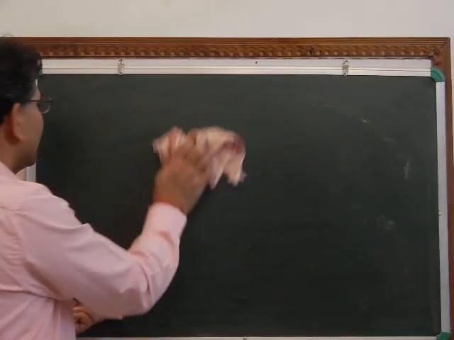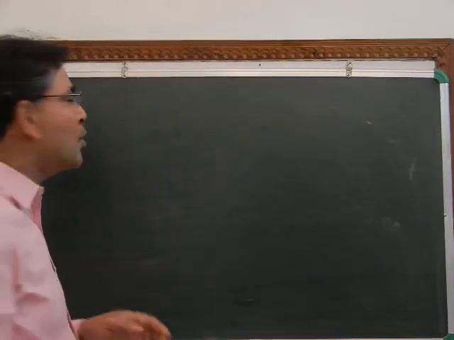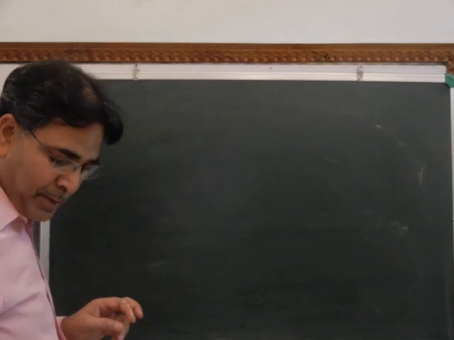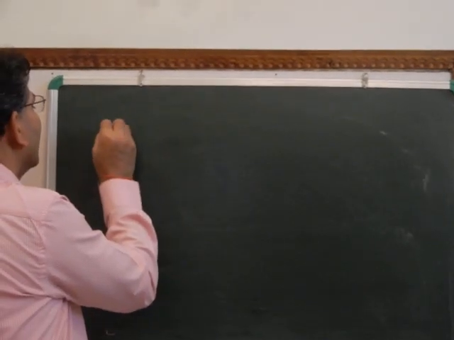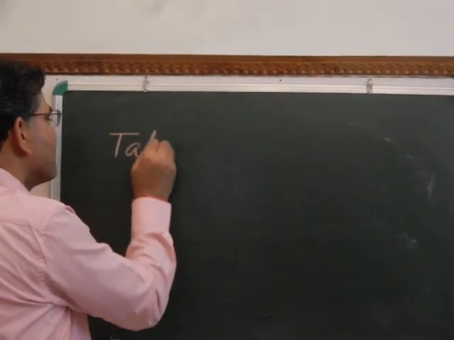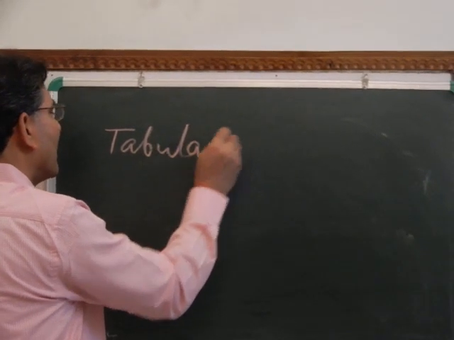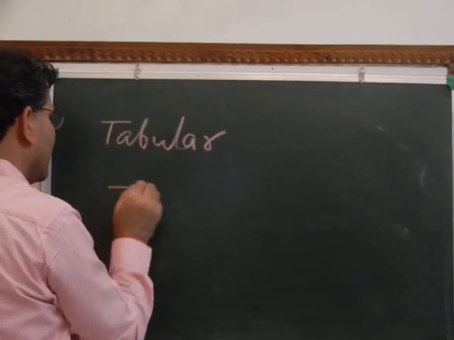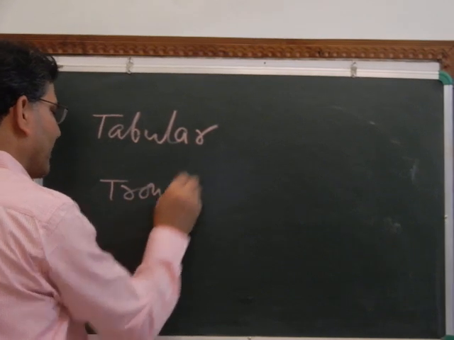So there are basically two types of cross bedding. Number one is tabular cross bedding, and second is trough cross bedding.